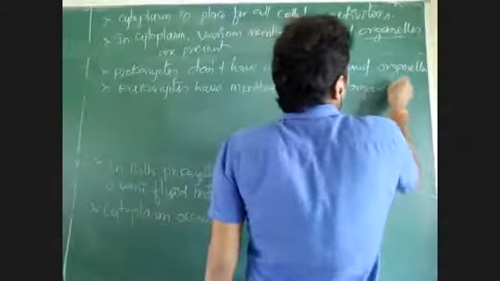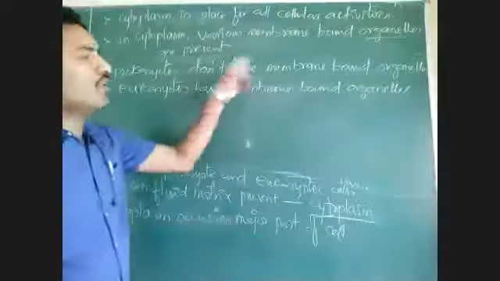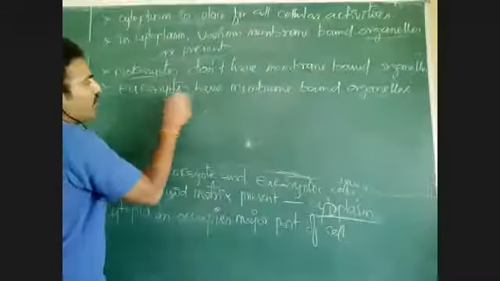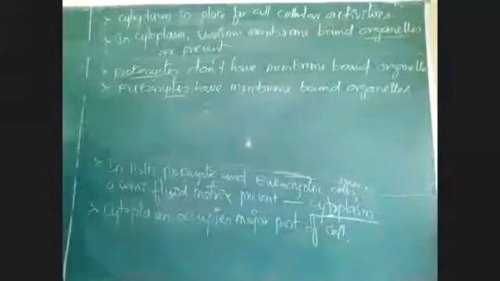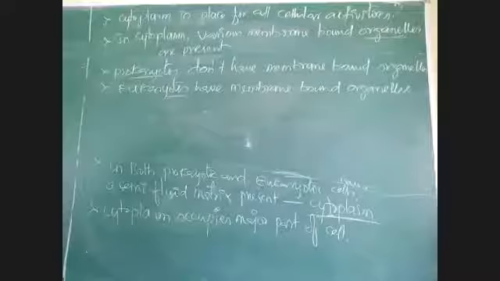What is a prokaryotic cell? If membrane bound organelles are absent in a cell, then that cell is called a prokaryote. If membrane bound organelles are present in cells, then those cells are called eukaryotic cells. Okay, this is the major difference.